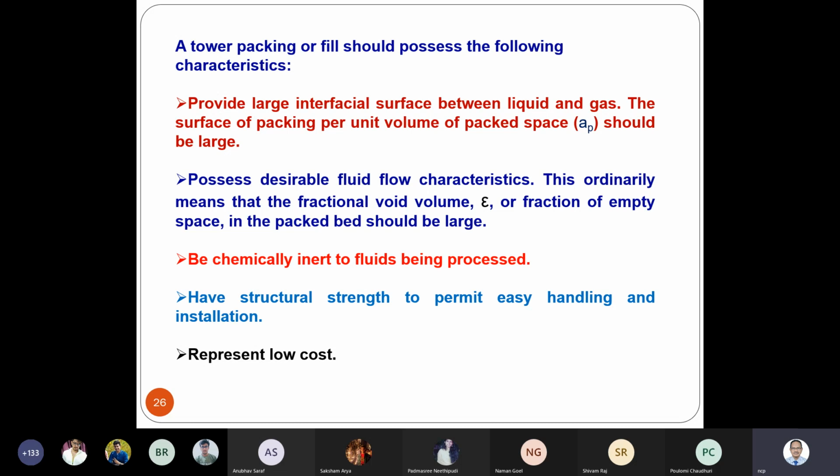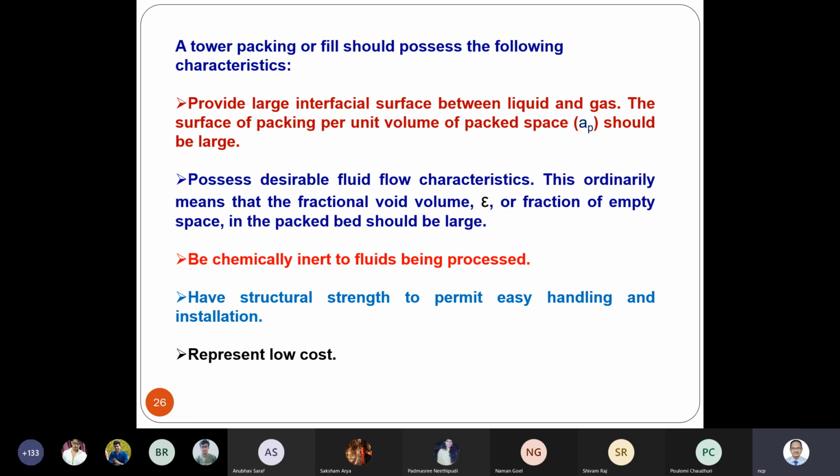Then it should possess desirable fluid flow characteristics. What does it mean? That packing material should provide sufficient void space so that pressure drop for the gas phase is minimum. When you are packing this tower, it should provide easy passage of gas and liquid, without providing large resistance to the flow of the fluids, right?